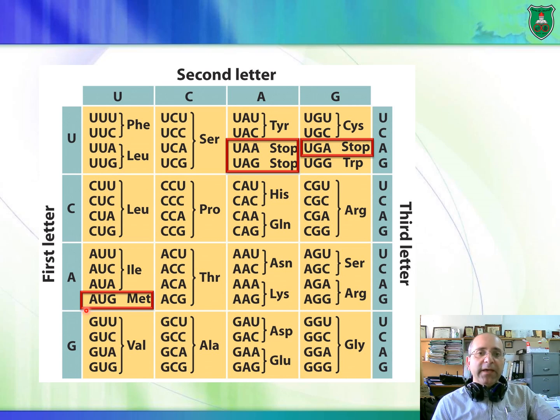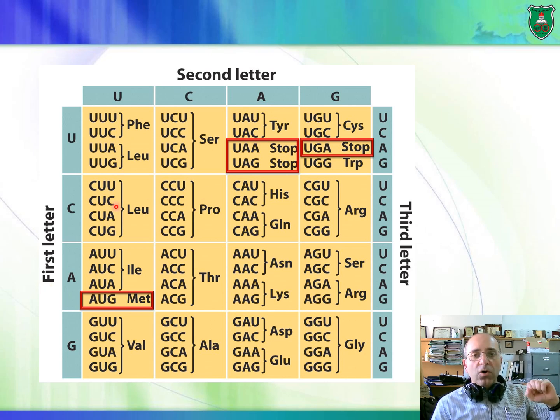So for example, AUG is the codon for methionine, another amino acid, and methionine is encoded by only one codon, and that is AUG. That's it. Now the reason why this codon is important is because this is the first codon that is translated. Okay, and we will get to that.